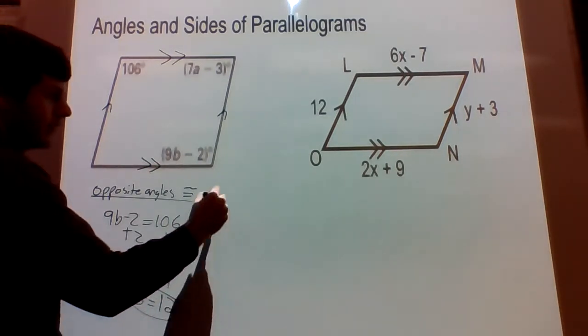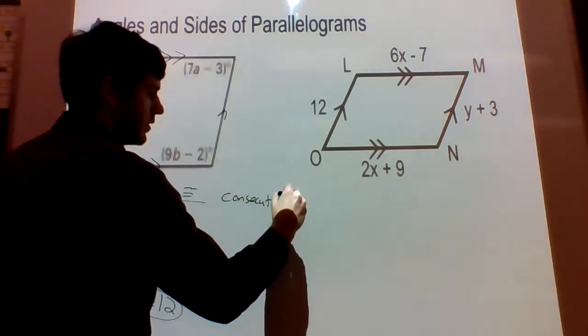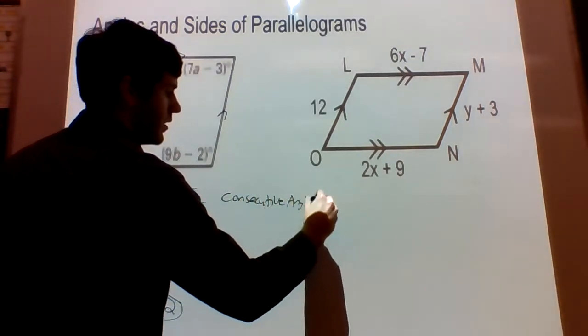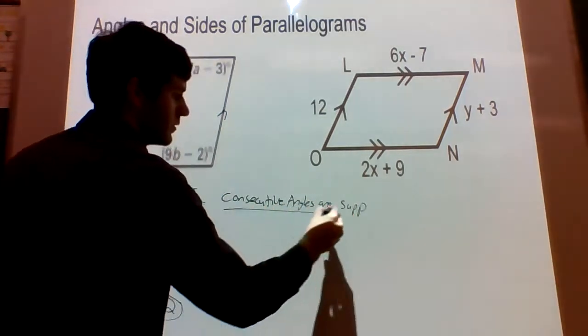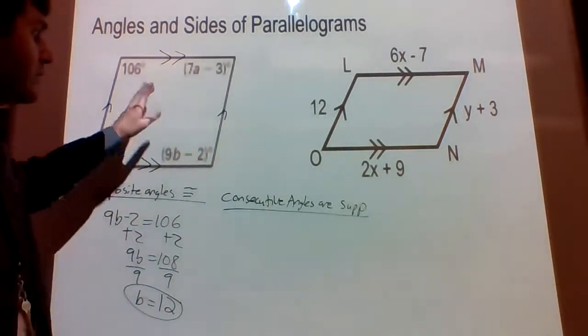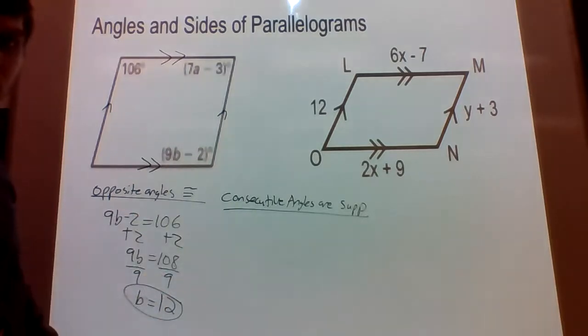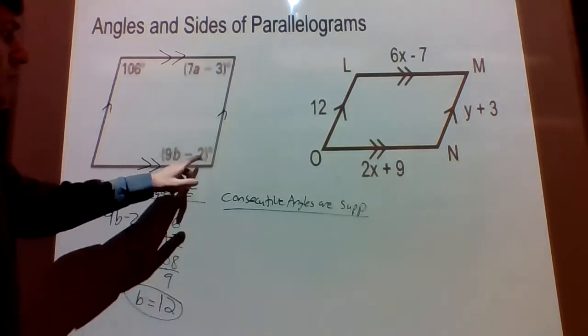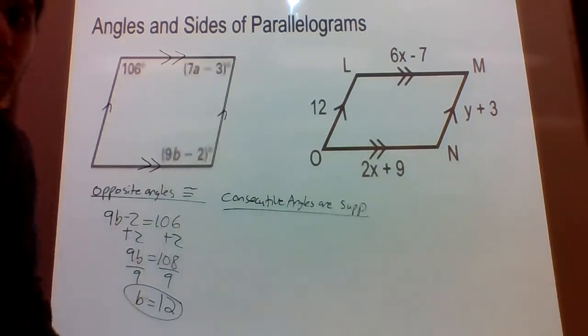We know consecutive angles are supplementary, meaning that angle measures add up to 180. So these were opposite angles. They were congruent. Set them equal to each other. We got 12. We know consecutive angles, angles that are right next to each other, are supplementary.